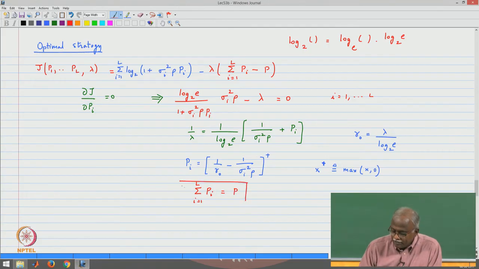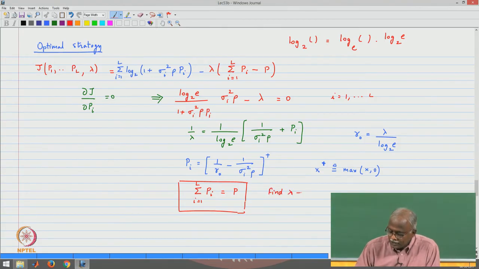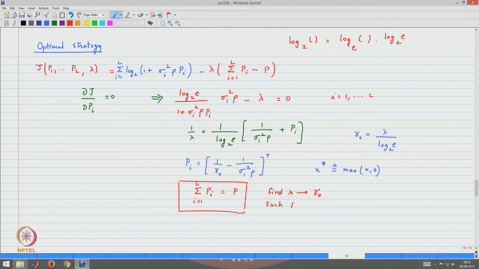So, find lambda, which is the same as finding gamma naught, such that the power constraint is satisfied. Again, this is very similar, in fact identical, to the approach that we have taken.